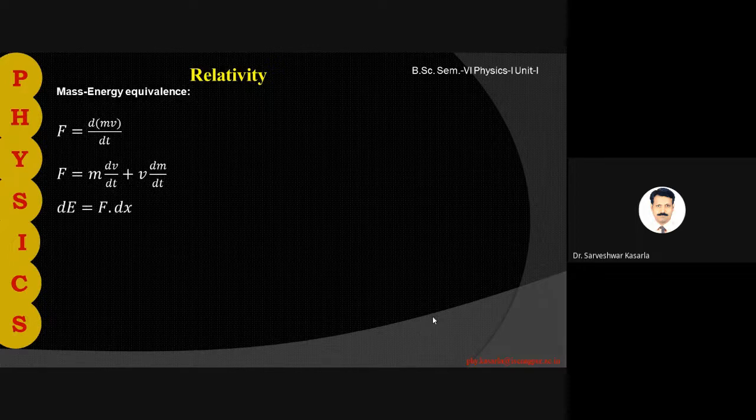So dE is equal to F into dx. We know that work done is equal to force into displacement, and that work done is stored as energy. So there is a change in energy. The change in energy is equal to force into displacement. So dE is equal to (m into dv by dt plus v into dm by dt) into dx.